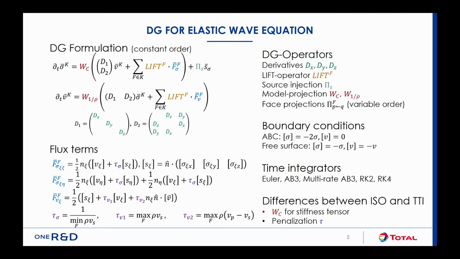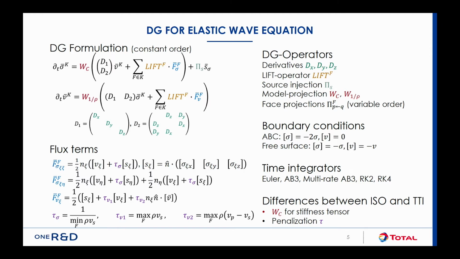So here I just show the DG formulation we are using. This is the elastic equation, and you have derivative operators and lift operators and fluxes. And you have the model contribution, W_C and W_1 over rho.